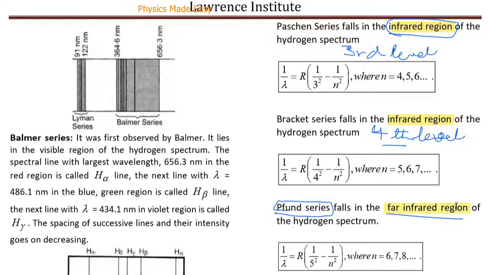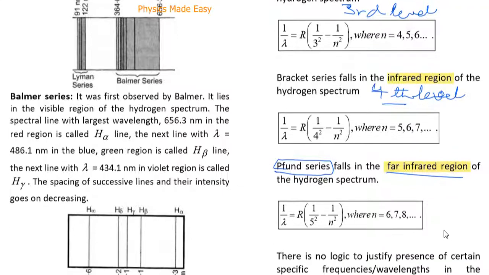And Pfund series is in the far infrared region, and in this case the electron falls into the fifth energy level.